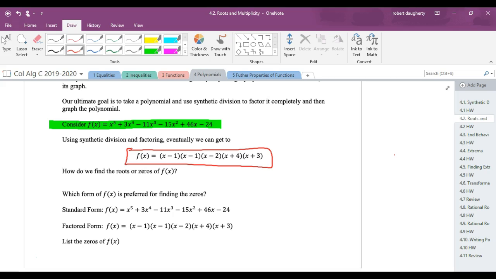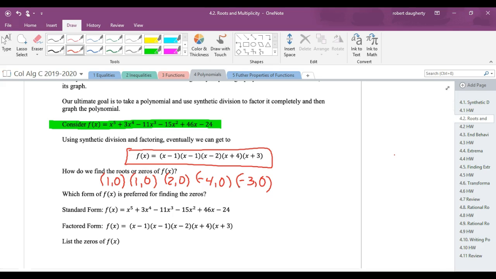What are the x-intercepts? 1, 0. Yeah, 1, 0. That looks like that one happens twice. And then what? 2, 0. Yeah, negative 4, 0. And negative 3, 0. So if I were to start graphing this guy, those are all my x-intercepts. That's a good start in how to graph this.